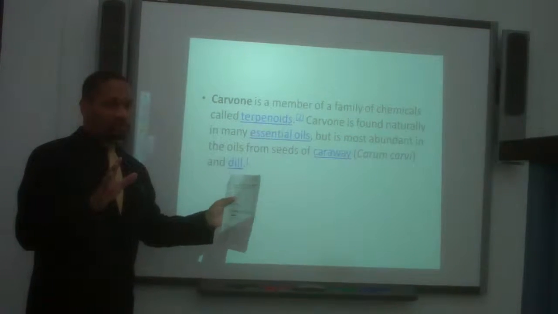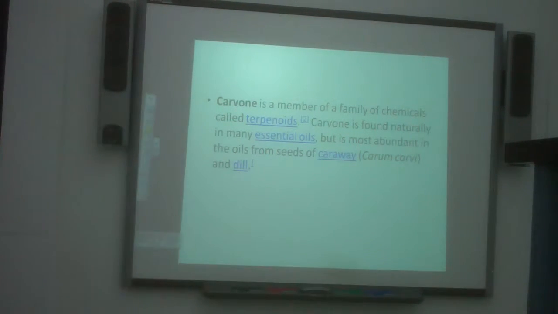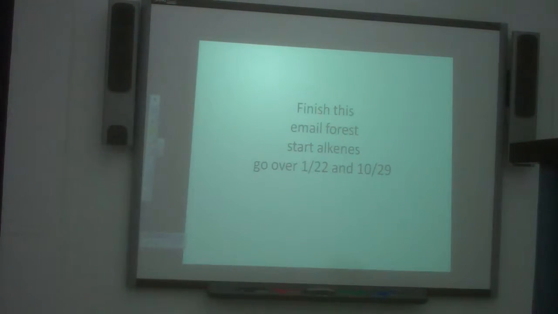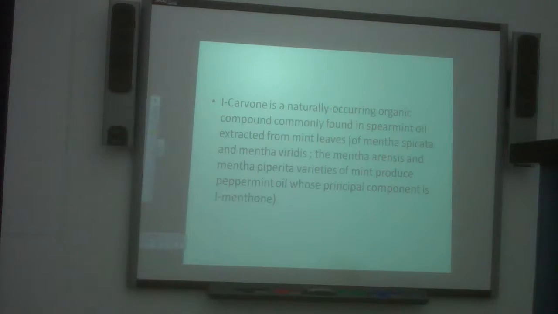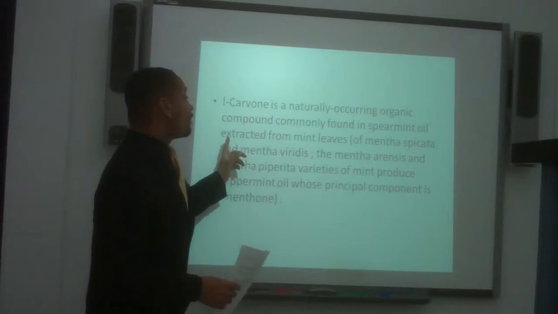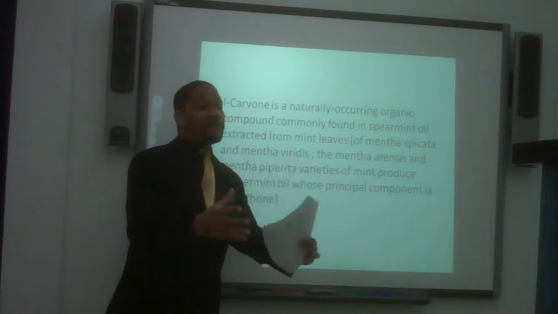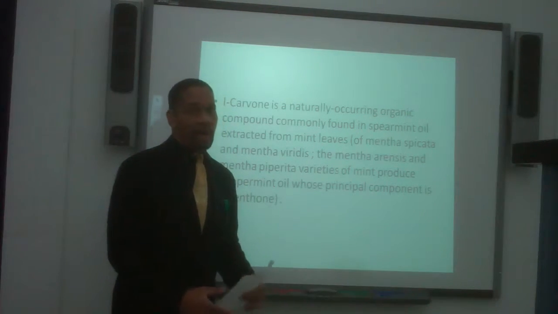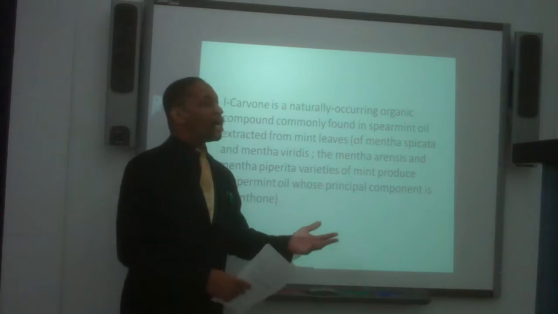Carvone, I introduced it somewhat. It has an R and an S, okay? It's a naturally occurring organic compound found in spearmint oil, extracted from mint leaves. Many pharmaceuticals are extracted from plants: aspirin is extracted from trees.